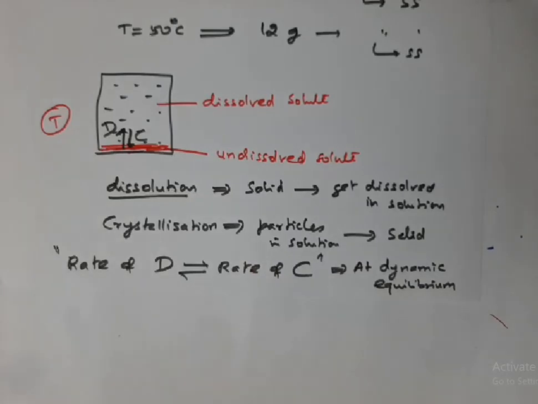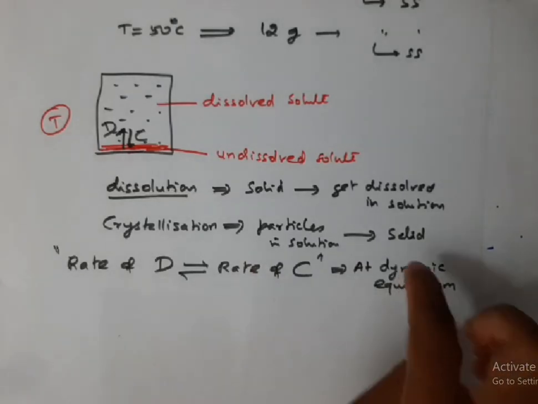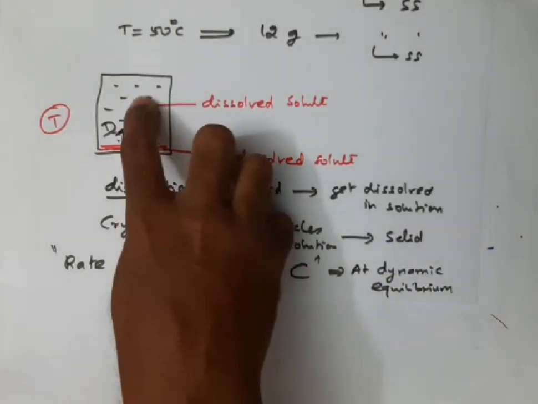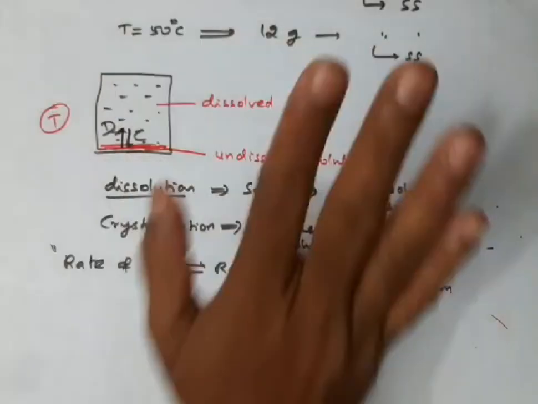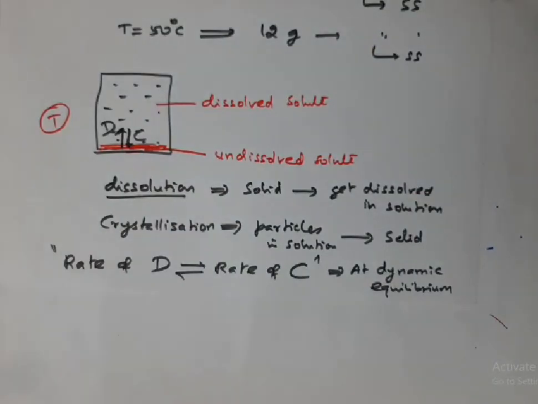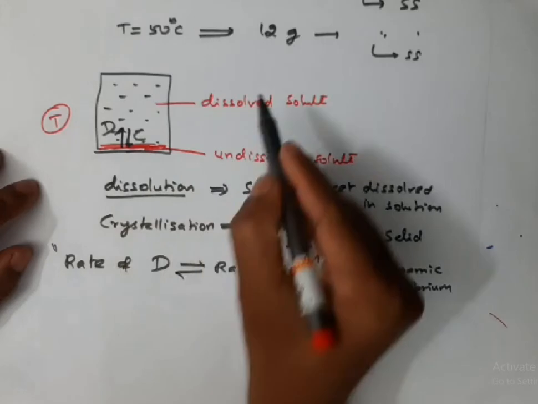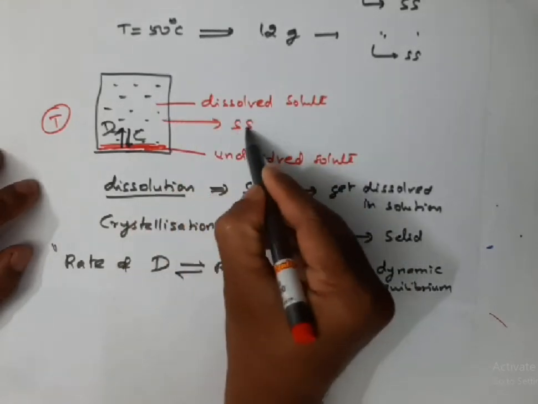So at dynamic equilibrium, whatever solution you have is called a saturated solution. Once this solution reaches dynamic equilibrium, we call it a saturated solution.